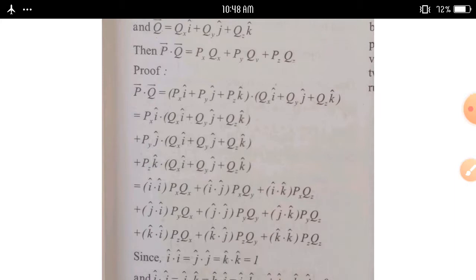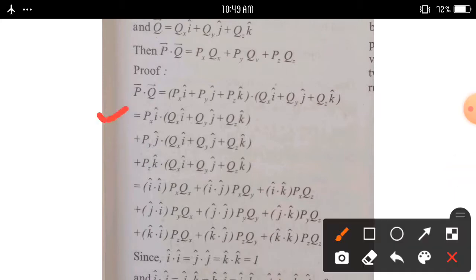Solving this, p bar dot q bar is equal to px i cap plus py j cap plus pz k cap, into qx i cap plus qy j cap plus qz k cap.